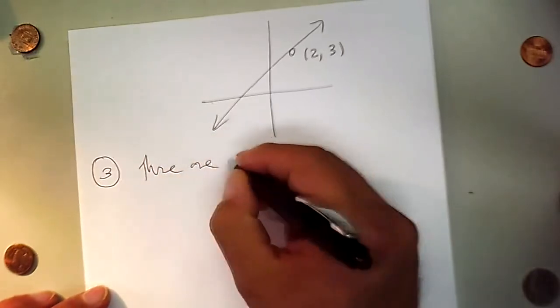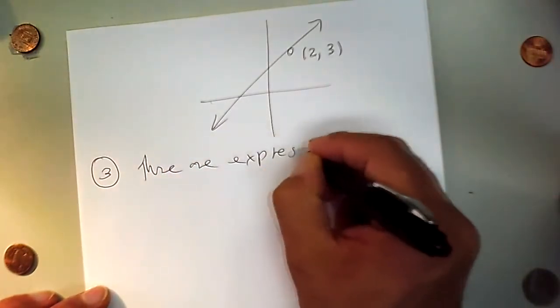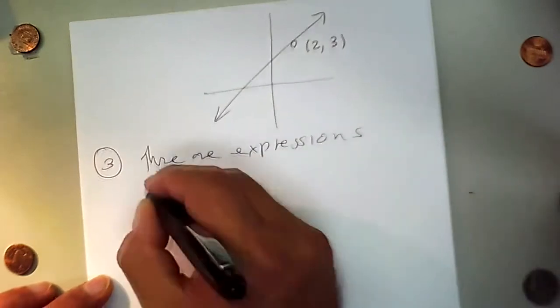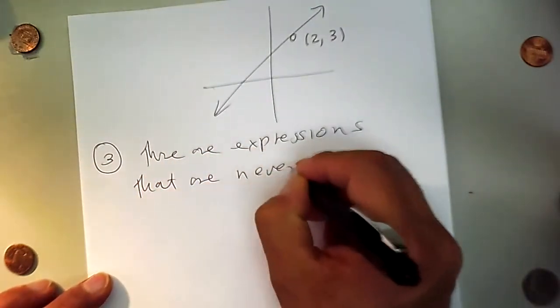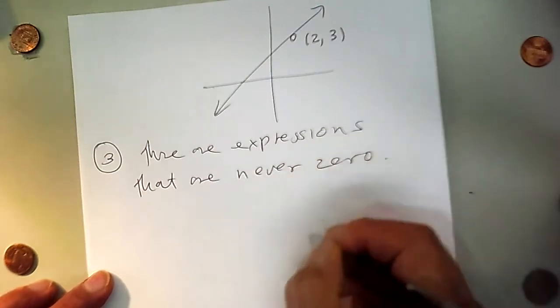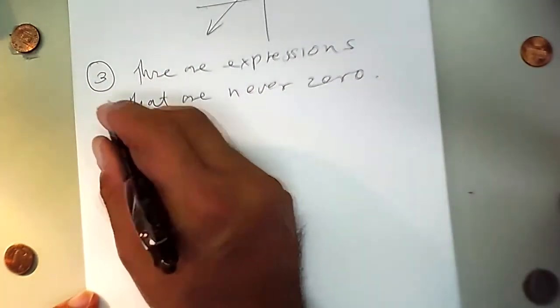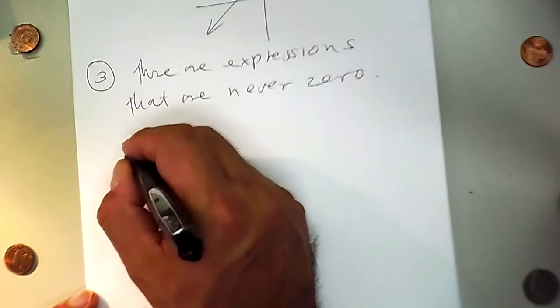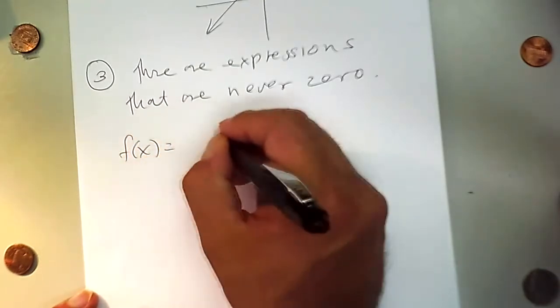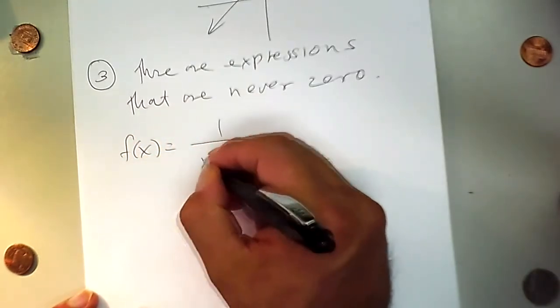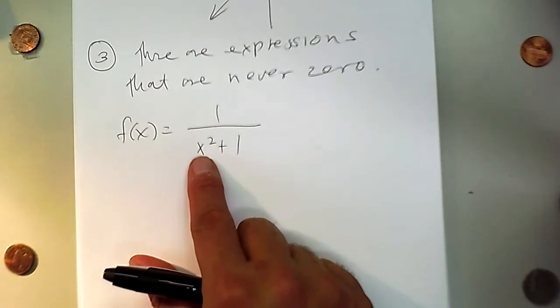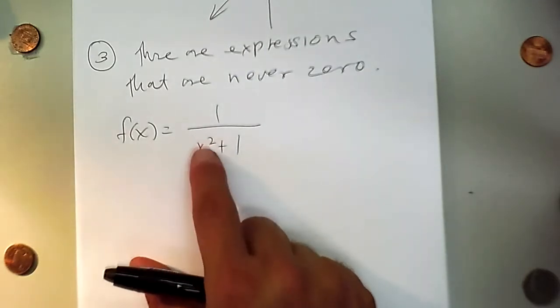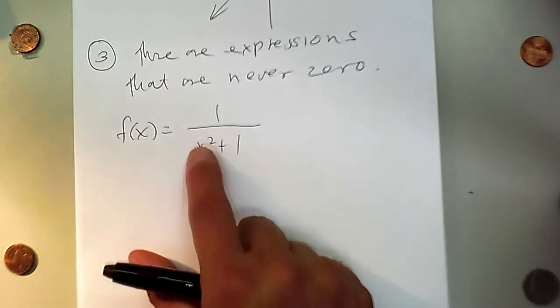There are expressions that are never 0. So for instance, example 3, let's say you have f of x equals 1 over x squared plus 1. We are aware that x squared is always positive or 0. If you plug any number for x, we're going to end up with a positive number.